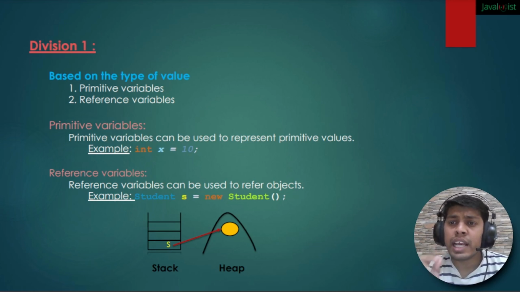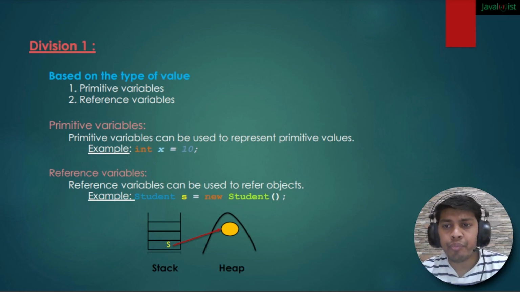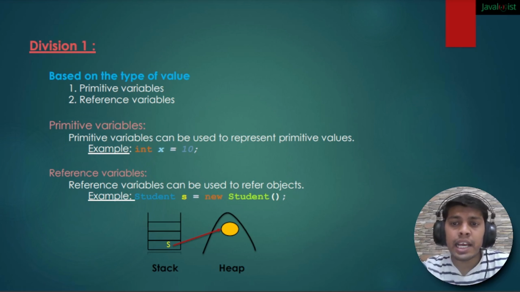A reference variable can be used to refer to an object, for example Student s = new Student. Here s is a reference variable which is referring to the Student object, and the object is in the heap area and the reference is in the stack area, which is referring to that object.